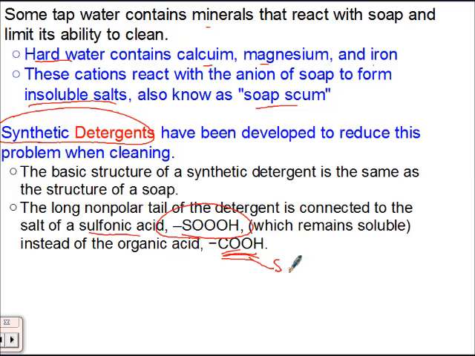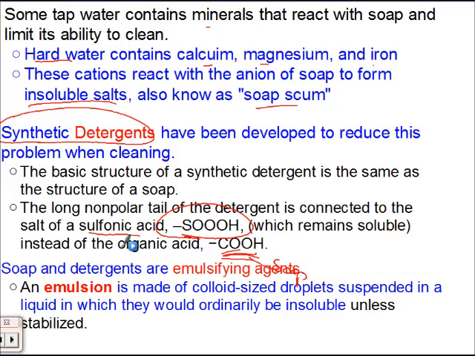So soaps have this with a COOH, a carboxylic acid. Synthetic detergents have this sulfonic acid, so it will not form the insoluble salts. We call soaps and detergents emulsifying agents.